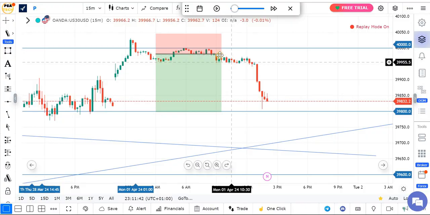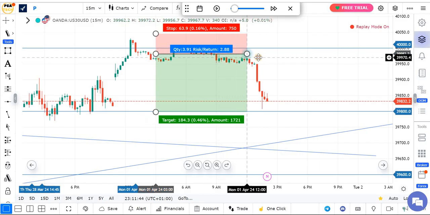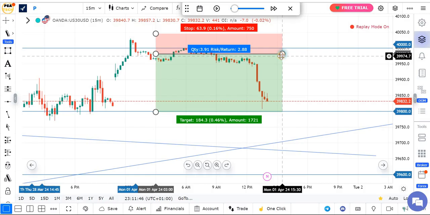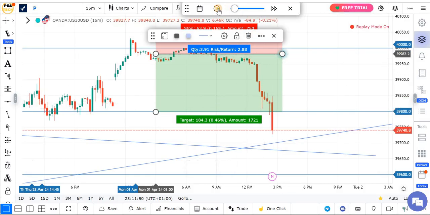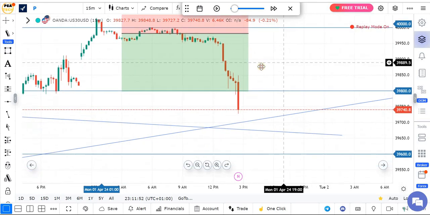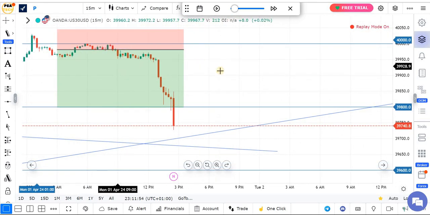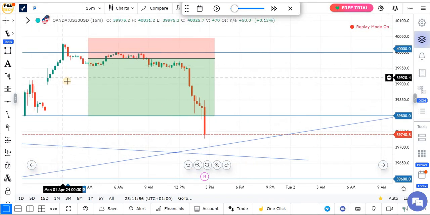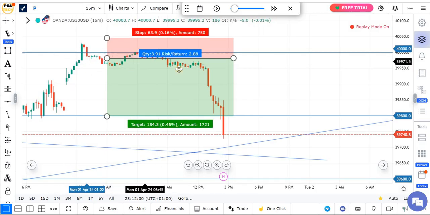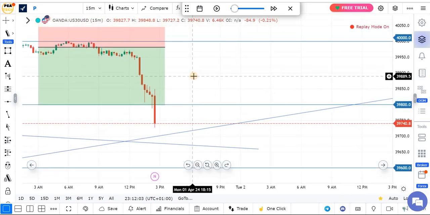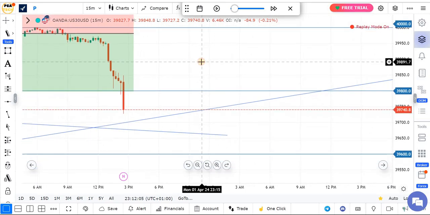Okay, so you can see we are almost right. There you go. The first trade has been taken successfully. So you see why it's important to wait for the psychological levels to get confirmation. This is a simple way you can be trading, right?